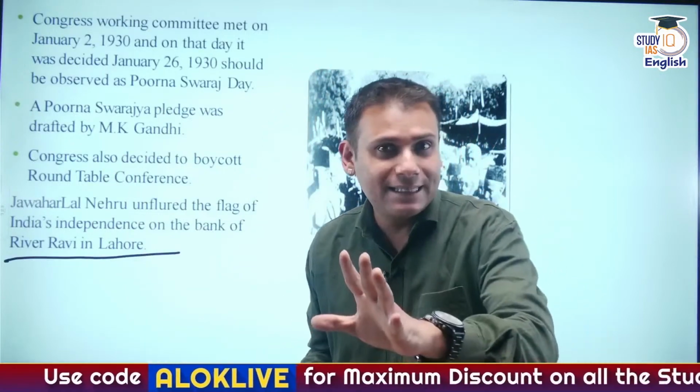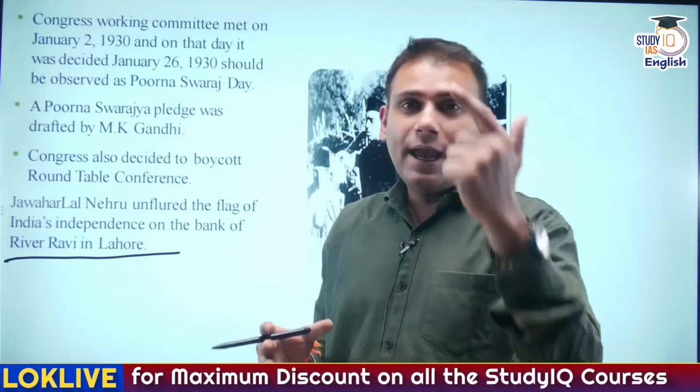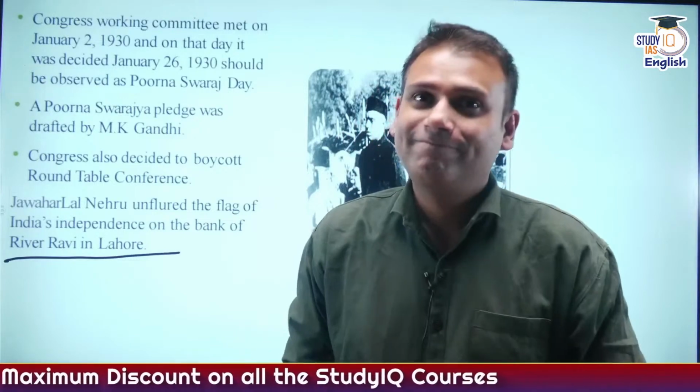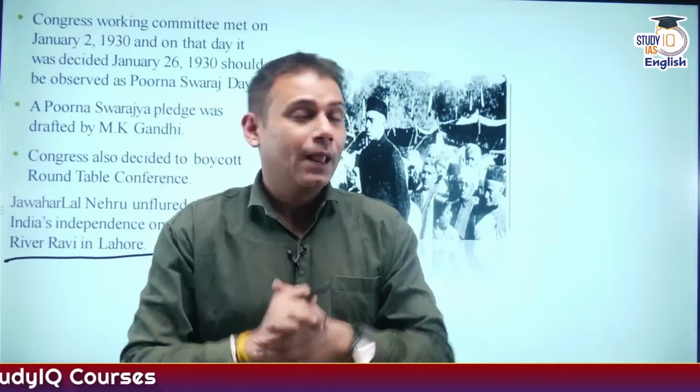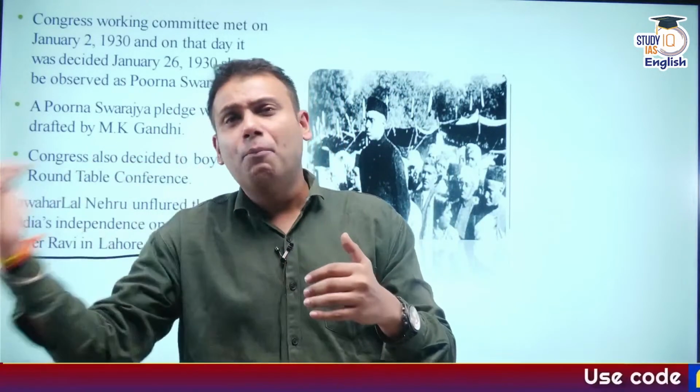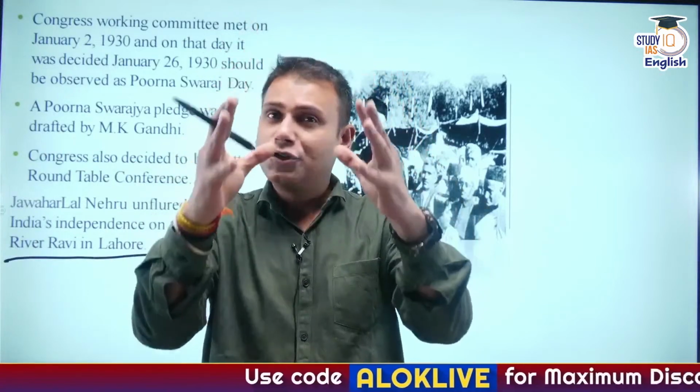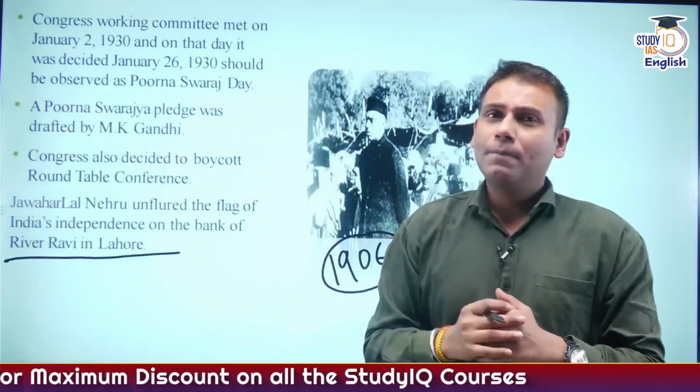Points are clear, guys? Any question, any query, any doubt? You can ask these in the comment section, guys. Okay? Moving ahead with another important movement of India's freedom struggle, that is the civil disobedience movement. Did M.K. Gandhi directly initiate the civil disobedience movement?